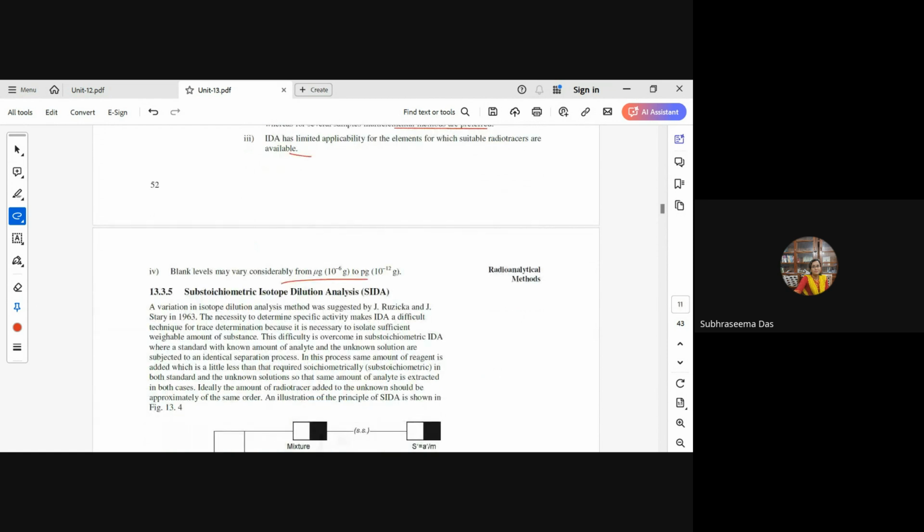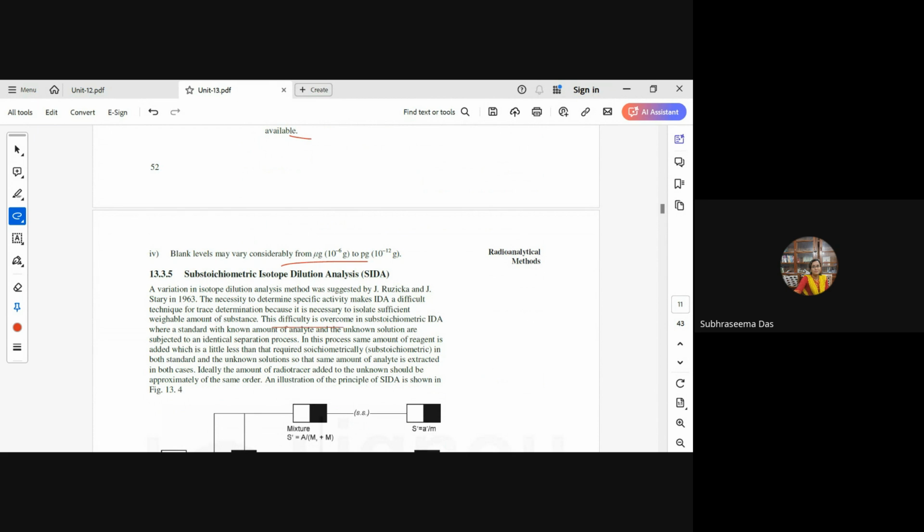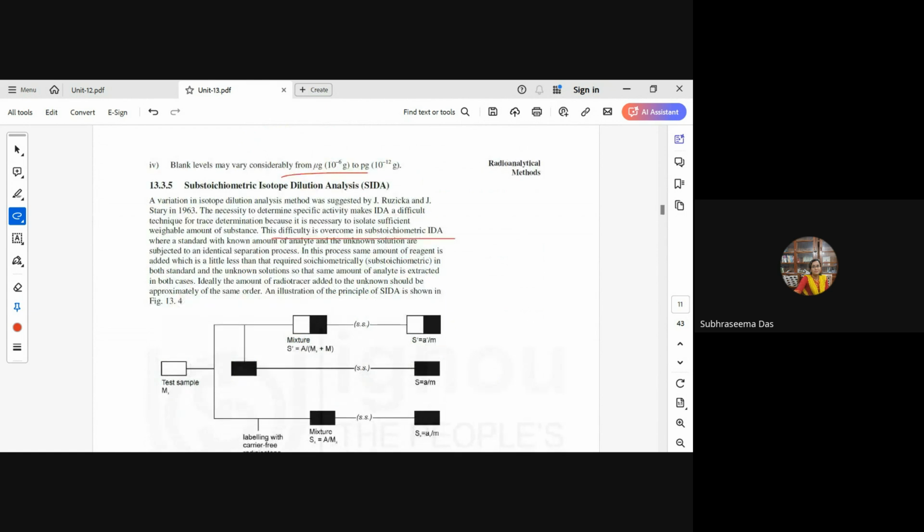To overcome these few limitations of IDA, there is a concept called SIDA, substoichiometric isotope dilution analysis. The necessity to determine the specific activity makes IDA a difficult technique for trace analysis. To overcome this in SIDA, a standard with a known amount of analyte and the unknown solution are subjected to an identical separation process.